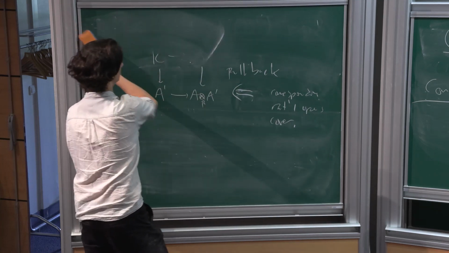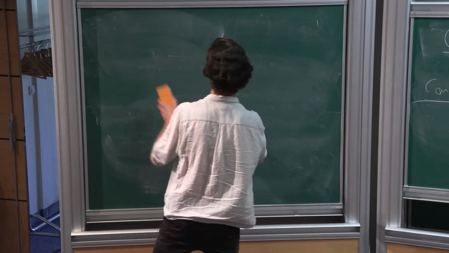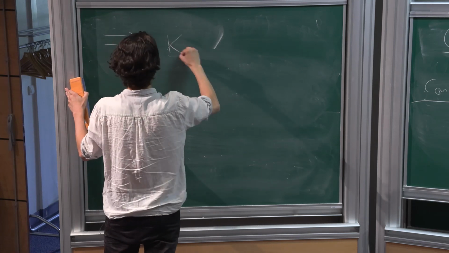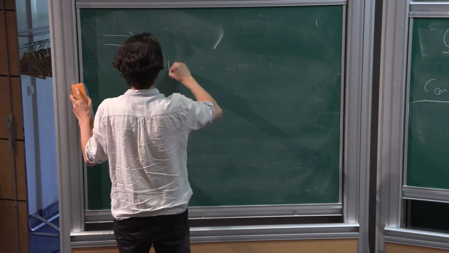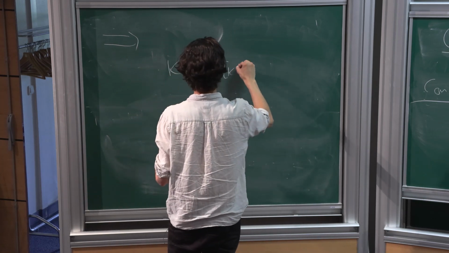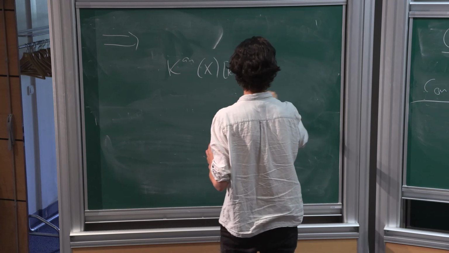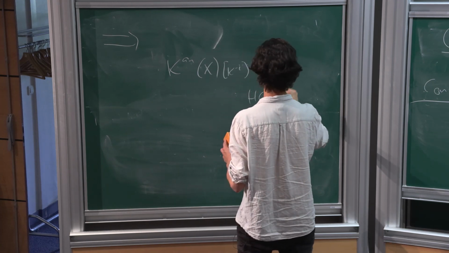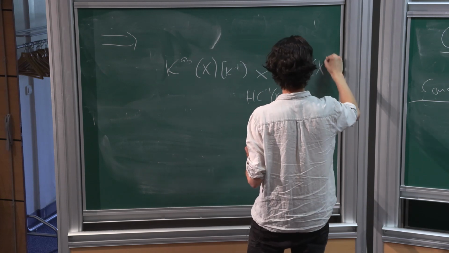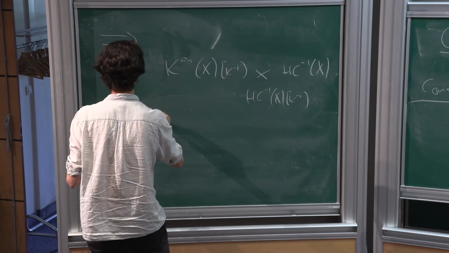And then the result of this is that if you form this construction, K_an(X)[kappa inverse] times over HC minus(X)[kappa inverse] HC minus(X), this is filtered by Deligne cohomology.